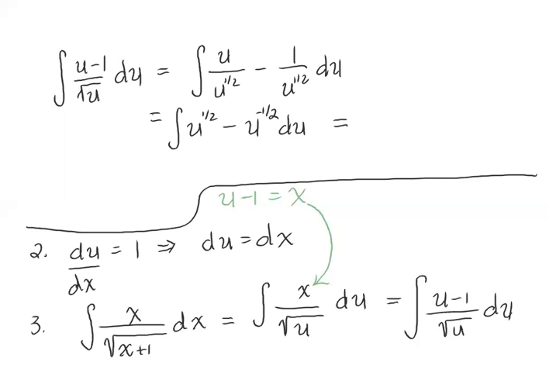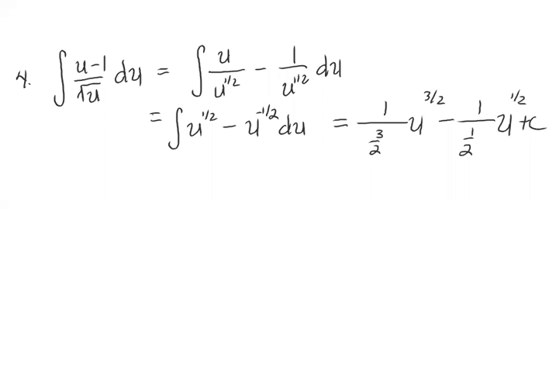So let's find the antiderivative. 1 over 1/2 plus 1 is 3/2 times u to the 1/2 plus 1 is 3/2, minus 1 over negative 1/2 plus 1 is 1/2 times u to the negative 1/2 plus 1 is 1/2, plus c.